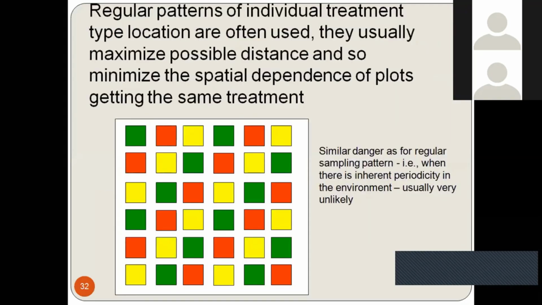Now you see what the problem is here. This is a CRD design, but there's a small problem. Can somebody identify what the problem is? Anyone?